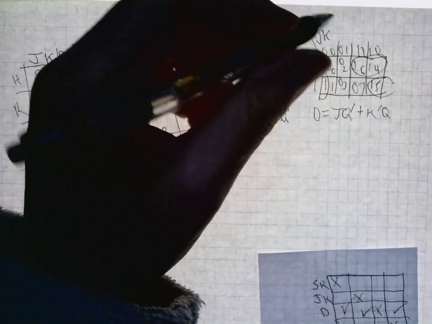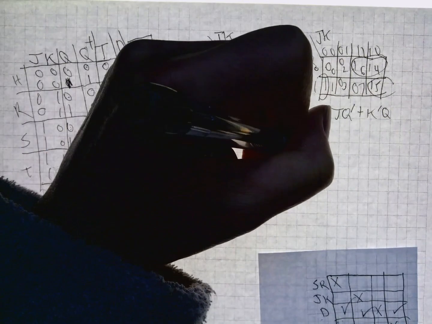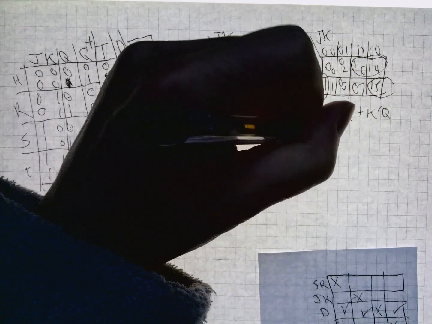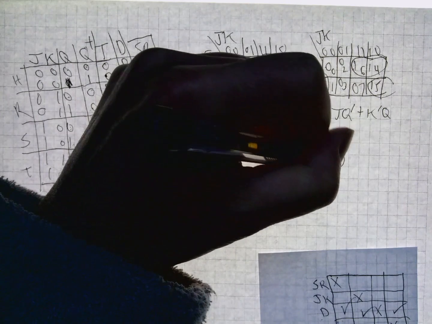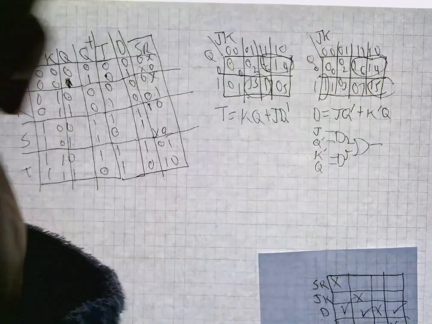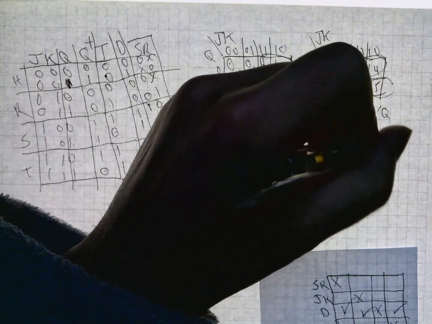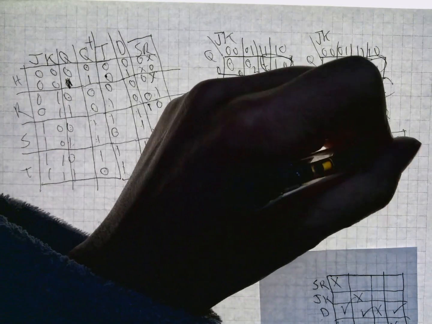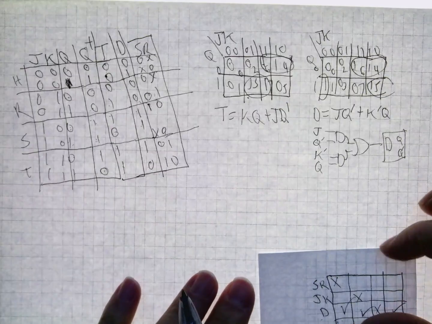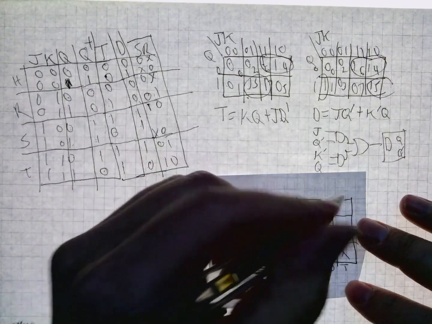Yeah. Well, it's probably going to look like this. Now you've taken the opportunity to make a JK flip-flop from a D flip-flop.